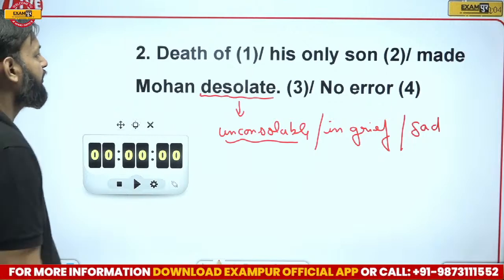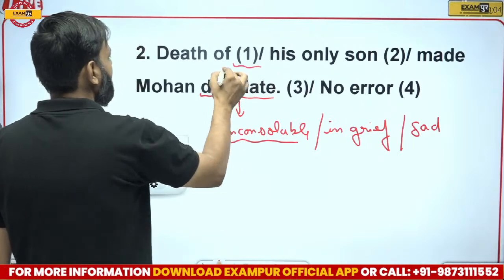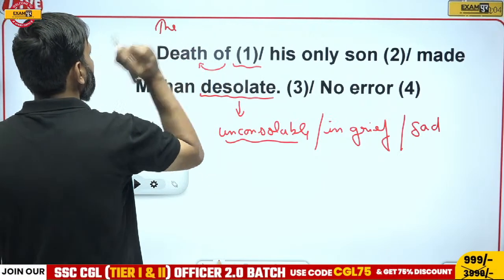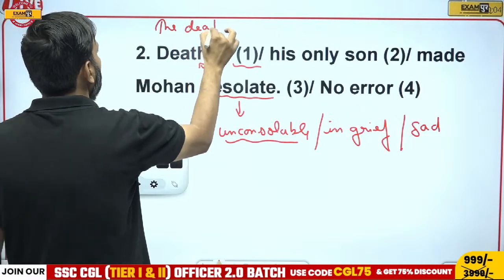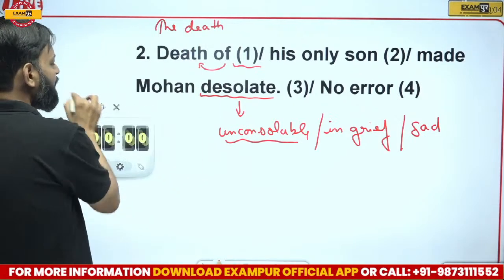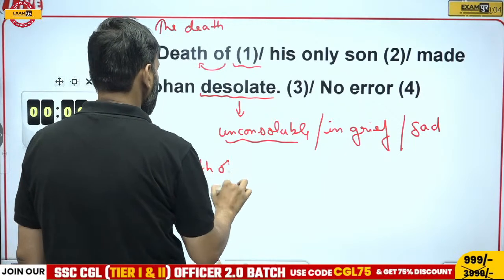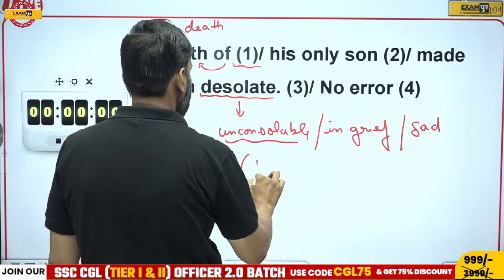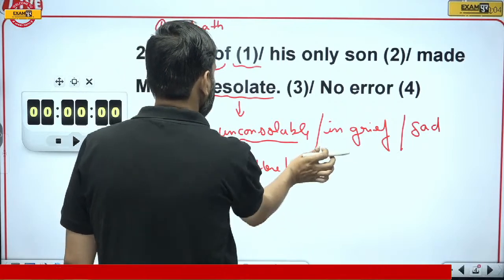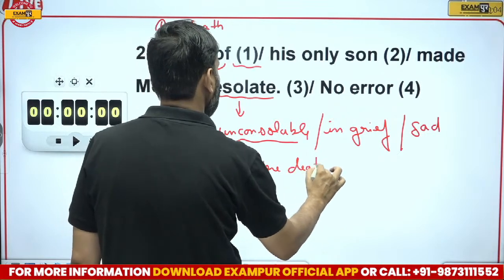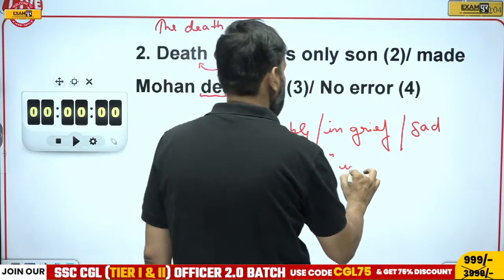See, here the error is in the first part. Before death, we need to prefix the. Because here we are not talking about death in general; here death is specific.